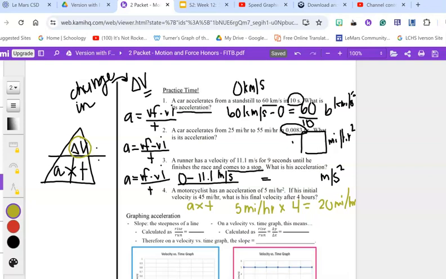So this right here is the change in velocity. I want to know the final velocity. So if his change in velocity was 20, I'm going to take his 45, which is where he started out, minus 20, and I'm going to get 25. His final velocity after 4 hours was 25 miles per hour.